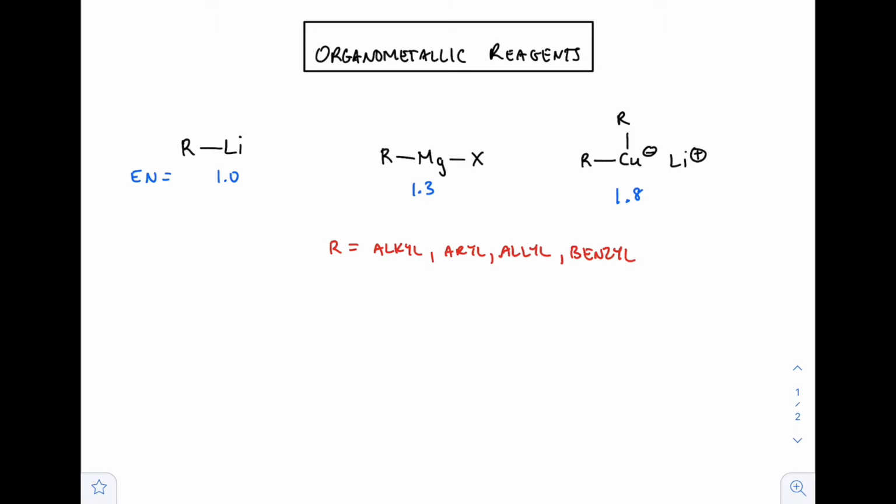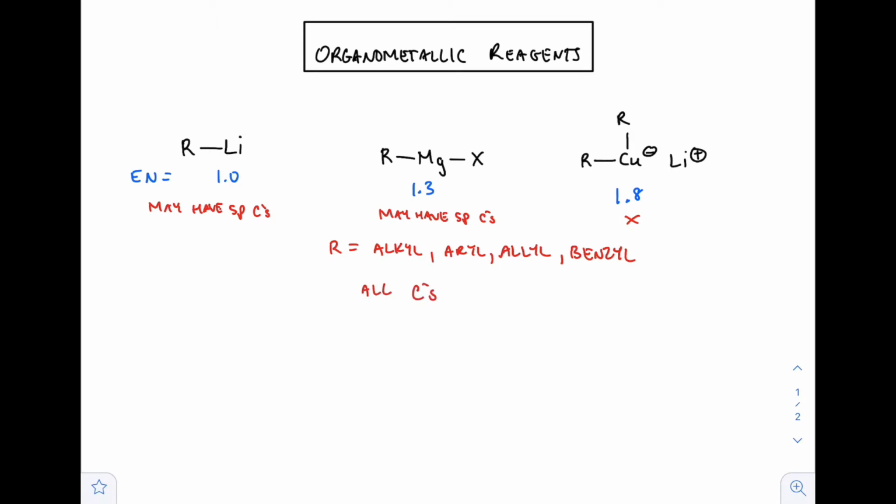They are a little bit different in that they can have sp2 hybridized carbons bound to these metals, and or they are the reagent themselves. Specifically, lithium and magnesium organometallics can have sp carbons as their R group, but the copper organocuprates cannot.